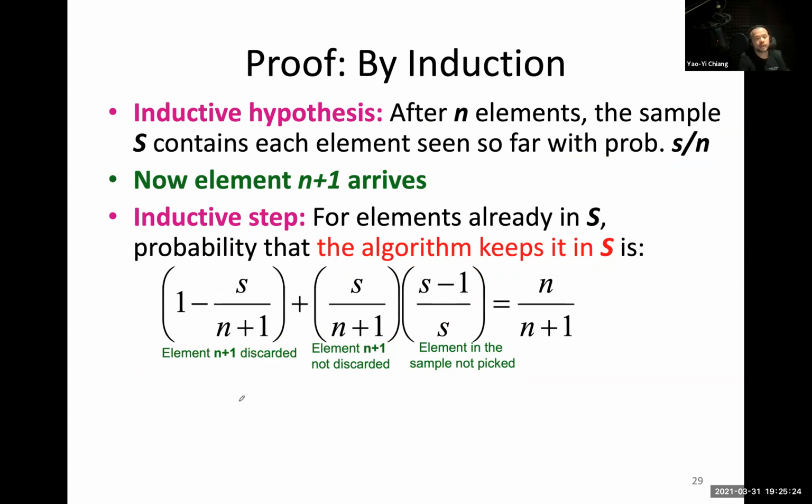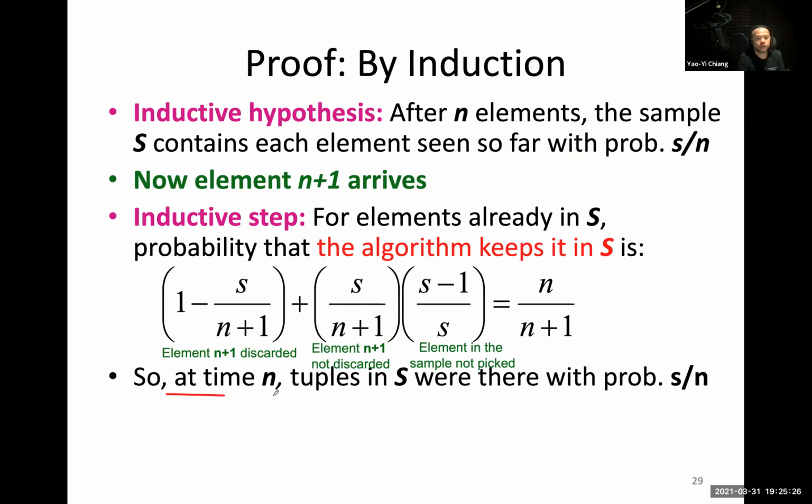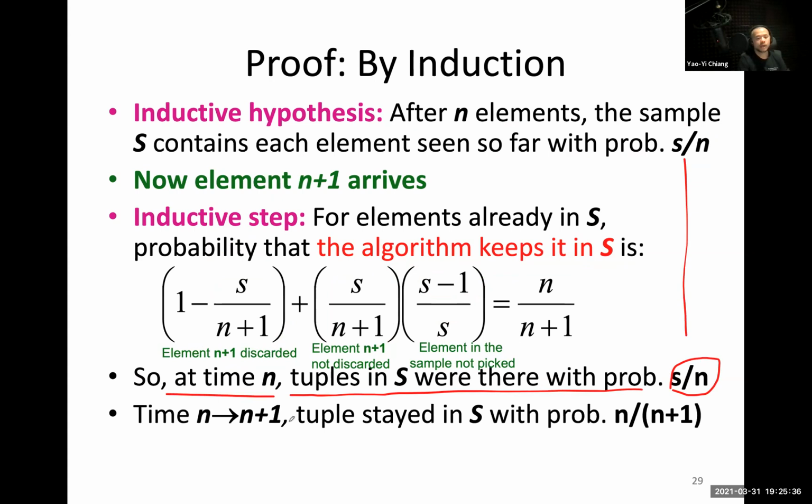Okay. So at time n, your tuples in S were there with a probability S over n. We know this from our hypothesis. When n becomes n plus 1, your n plus 1 element arrives. Your tuple stayed in S with the probability n over n plus 1, right?